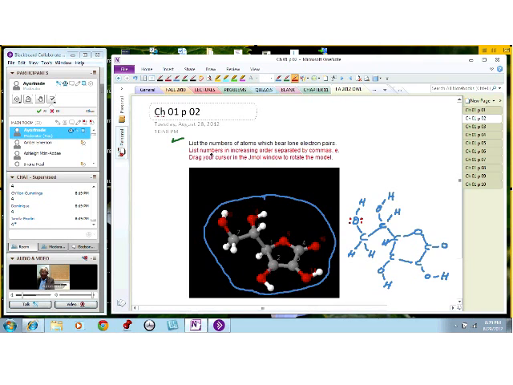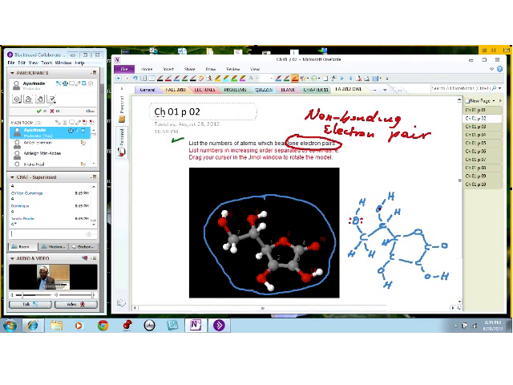That is the question they're asking you here. List the atoms which bear lone electron pairs. In other words, they want you to identify those atoms that have what we call non-bonding pairs of electrons, or as they have it here, lone electron pairs, the same thing. So we identify this oxygen.